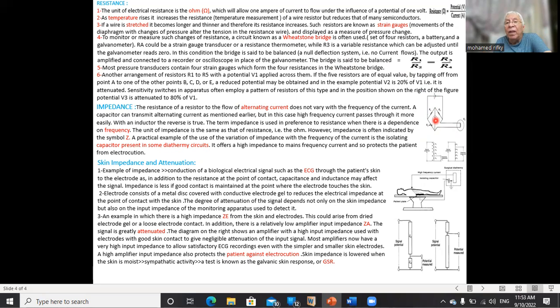It's a balanced circuit. So the circuit is based on, suppose I want to estimate the resistance of a thermometer. I apply it on R3, and I have what we call a rheostat or a changeable resistor in R4.